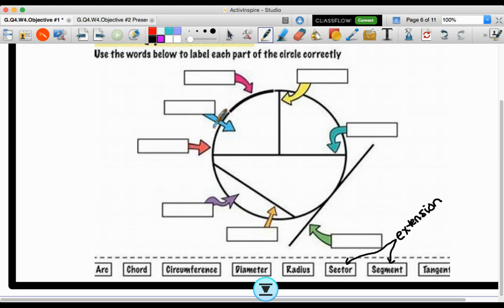All right, so this right here, it looks like this part's highlighted. What is that? Oh, that's an arc, isn't it? Let's cross it off. Let's find the chord. Oh, I think this is the chord. That's referring to this part right here. The circumference is the entire way around.